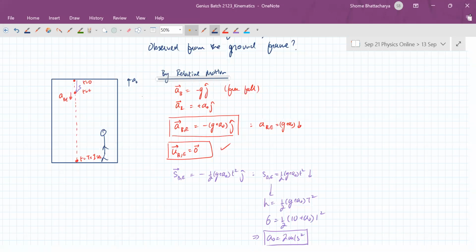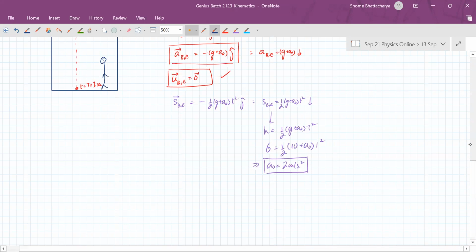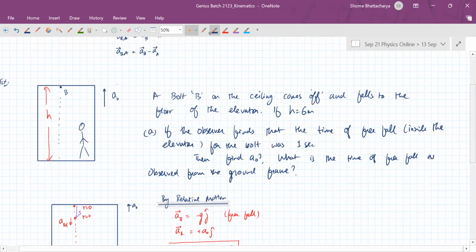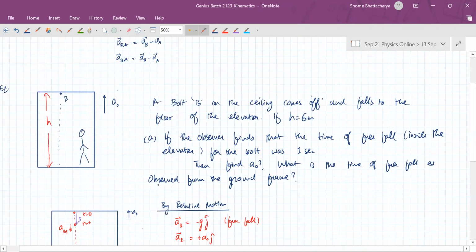Okay. Now a couple of more methods we can use to solve this. In fact, let me actually give the second part of the question also. Then we'll come back to solving it by another method.